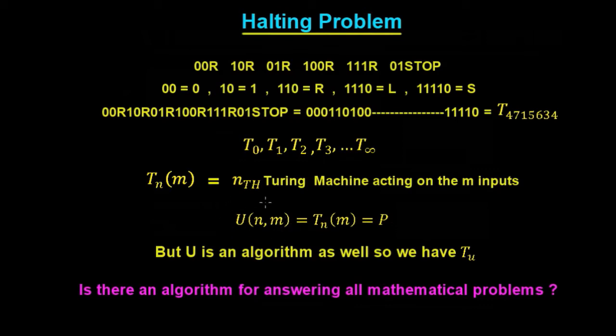So this universal Turing machine is our CPU, and we're able to code up any set of inputs or instruction set that we want into this machine, and each individual group of instruction sets we could call a Turing machine, and it would give us an output, and we can call that output P. Now the interesting thing here, and really the coup de grace, is the fact that this universal Turing machine will actually have a Turing number as well.